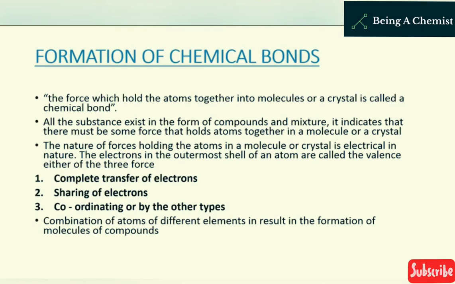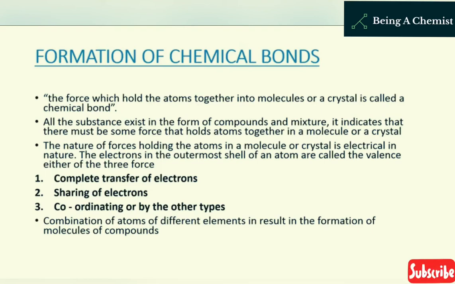Combination of atoms of different elements results in the formation of molecules of compounds. So what does it mean? If atoms of different elements combine together, what will happen? The result will be the formation of molecules of compounds. So it is not the only case that atoms of the same element can be combined together.